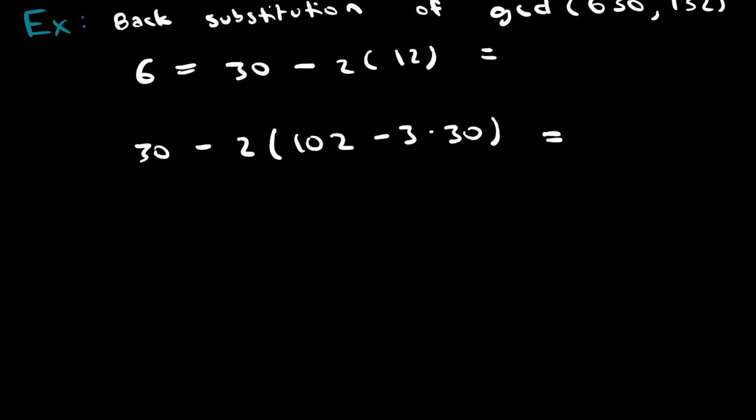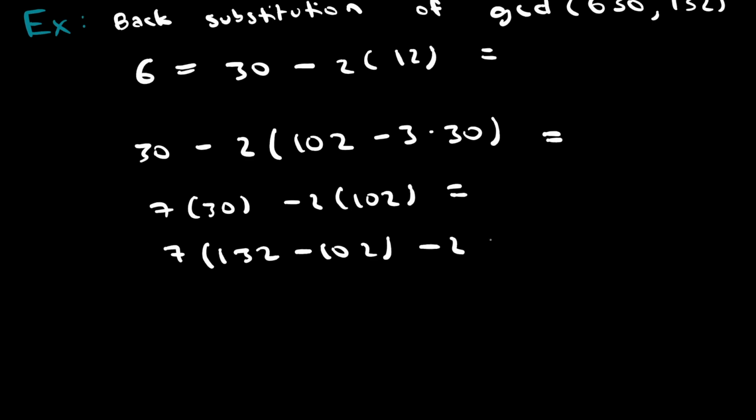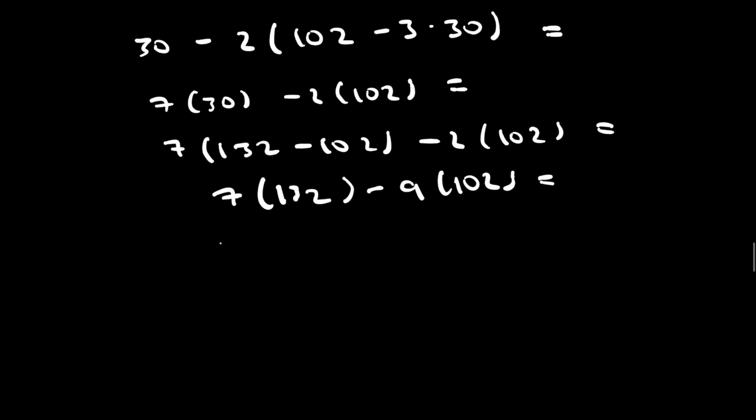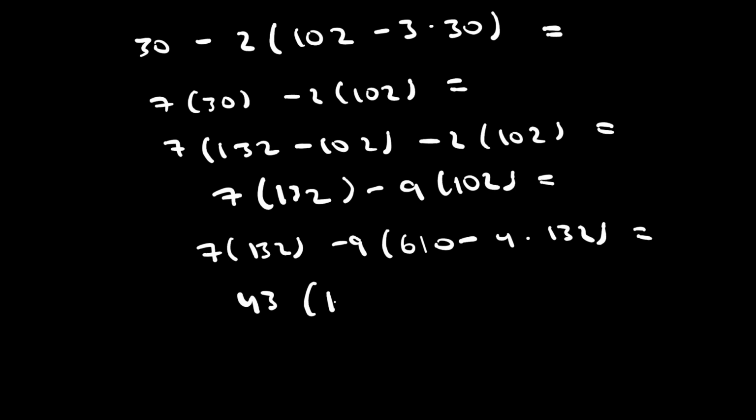So that's equal to this, which is equal to 30 minus 2 times (132 minus 102)... that's 3 times 30 minus 2 times 132, and then substituting further, that's equal to 7 times 132 minus 9 times 102, which is equal to 43 times 132 minus 9 times 630.